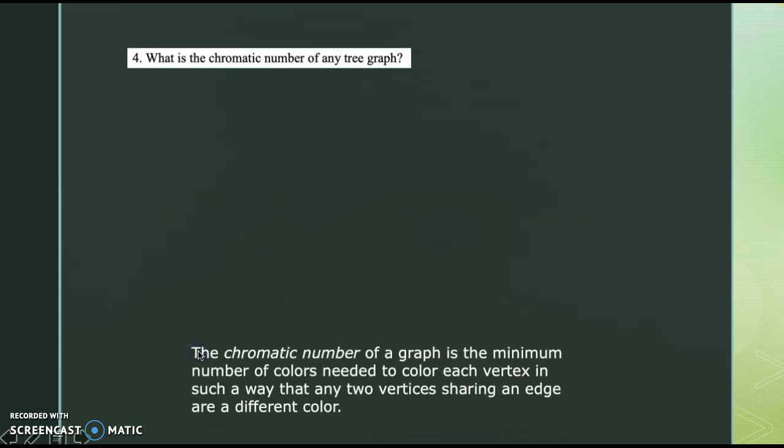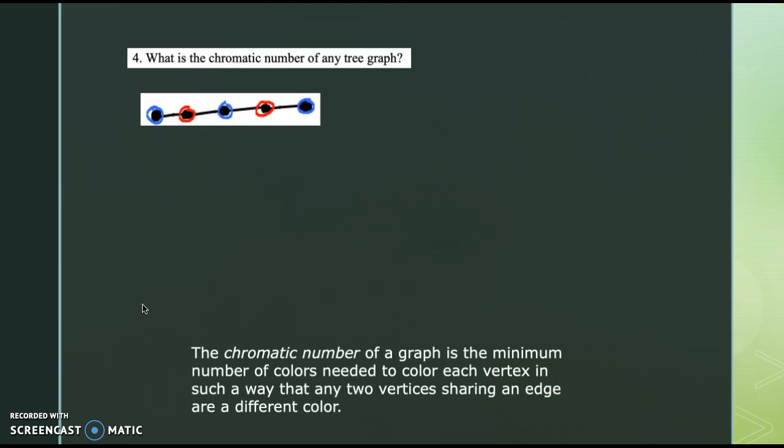And what is the chromatic number of any tree graph? Well, the chromatic number of a graph is the minimum number of colors needed to color each vertex in such a way that any two vertices sharing an edge are a different color. So this one, you can just do blue, red, blue.